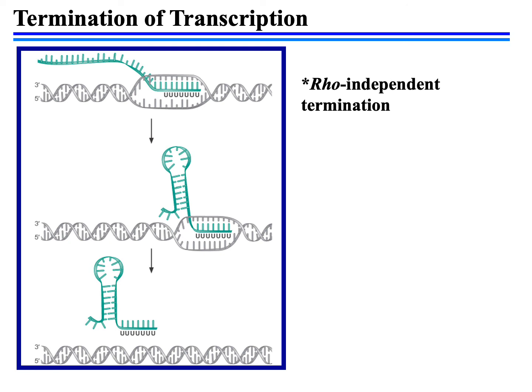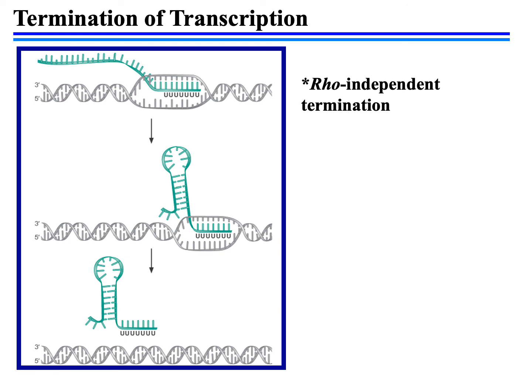When that hairpin structure forms, either one of two things happens. There's either a physical tug of the RNA out from under the polymerase, or the RNA is essentially pushed away. In this mechanism, the research that has been done suggests that it's more of a physical tug.